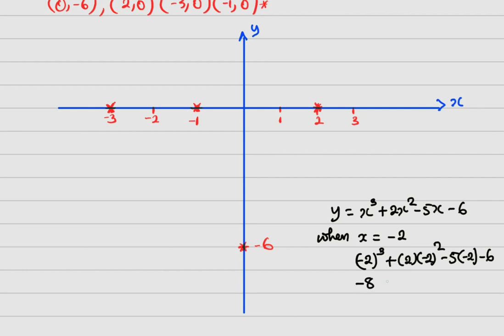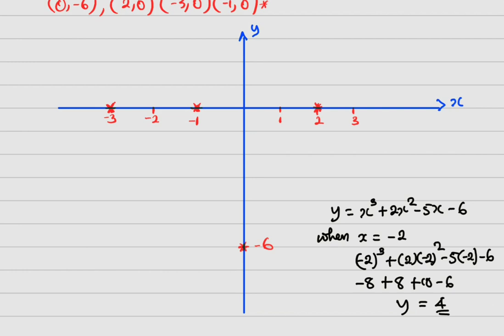This is going to be minus 8, plus 16. Is it plus 16 or plus 8? I think that is plus 8, my bad. So this is plus 8, then plus 10, then minus 6. If you check it all, it's going to be 4. It's positive, which means y is positive 4.